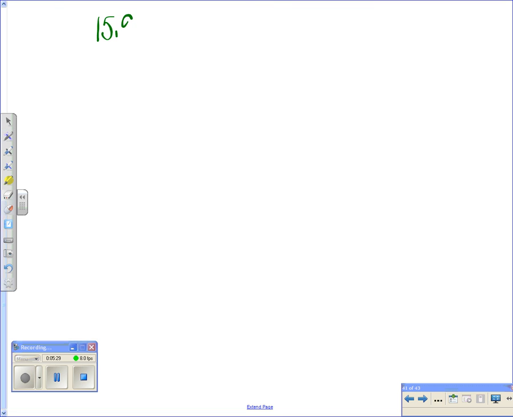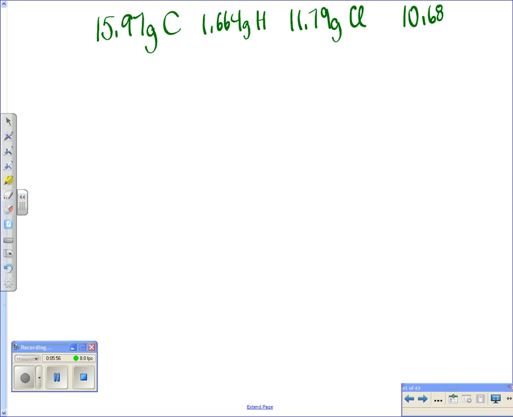So 15.97 grams of carbon, 1.664 grams of hydrogen, 11.79 grams of chlorine, and finally 10.68 grams of oxygen.